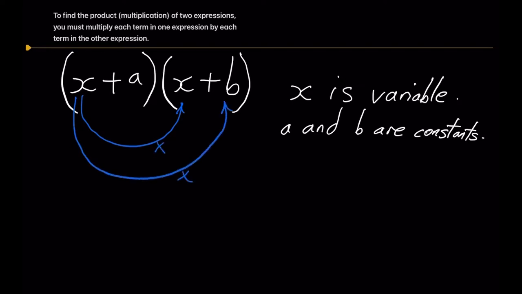Multiply x times x and x times b. Now, for the second term in the first expression, a, we also have to multiply this by each of the terms in the second expression. So we've got this, and then we've got this.